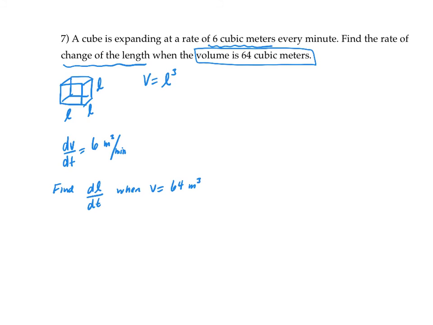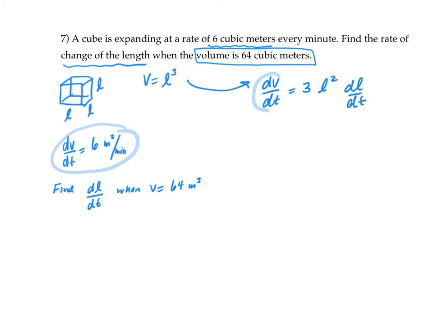Okay, so if we take a look in here, we have to use our volume to actually find the length, because watch what happens if I just take the derivative of both sides. I'd have dV/dt equals 3L squared dL/dt. And while I know dV/dt, that's right here, and I can plug that in, we're being asked to find dL/dt, right?